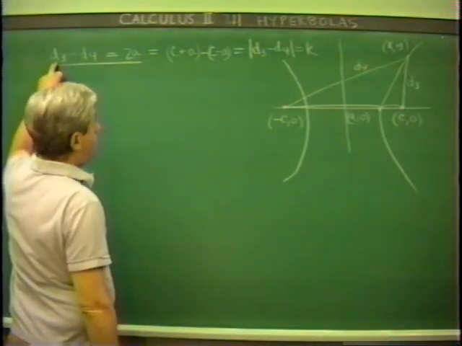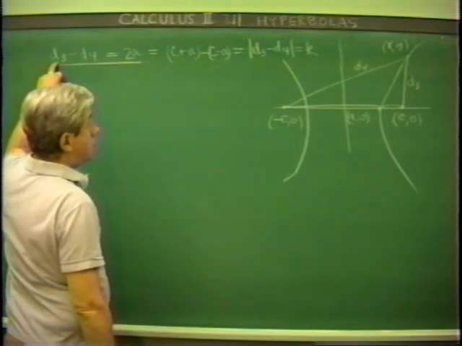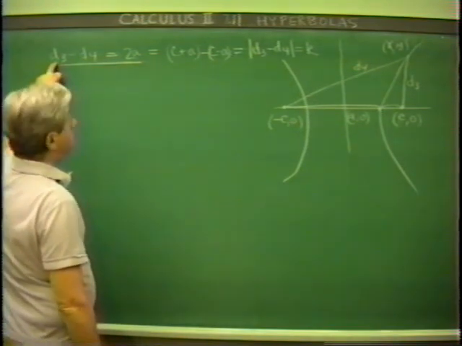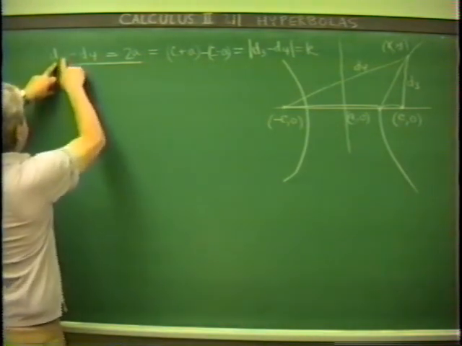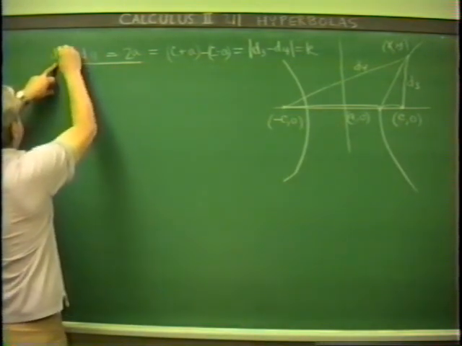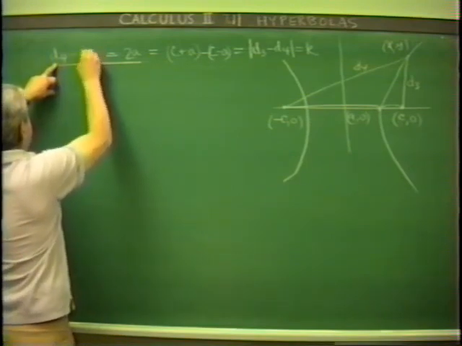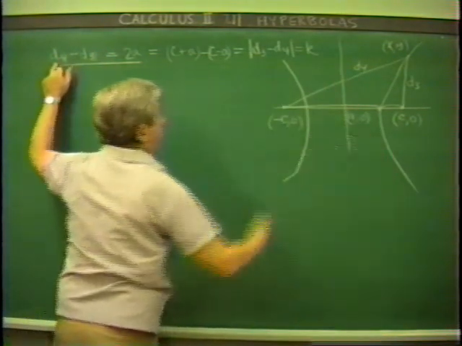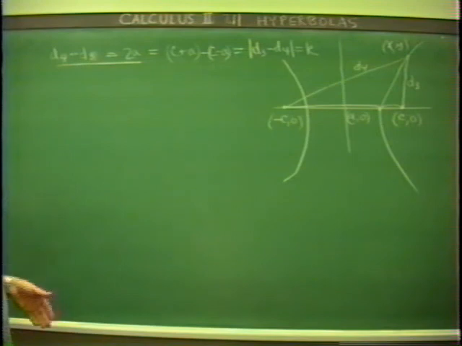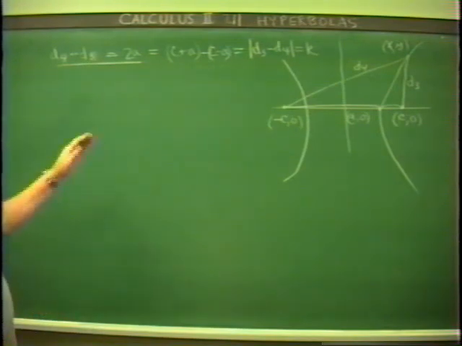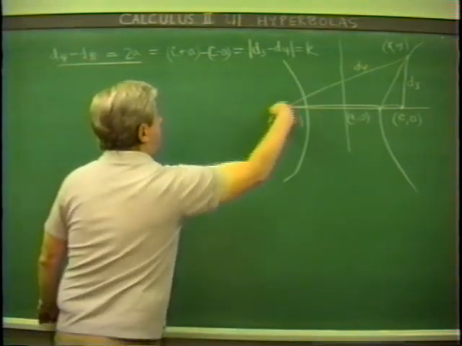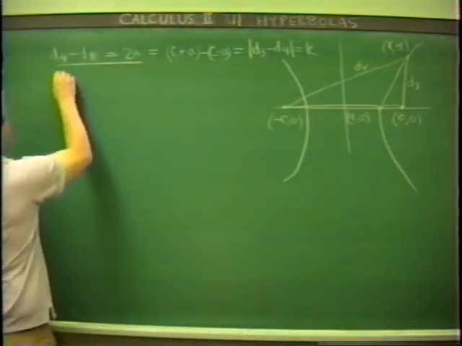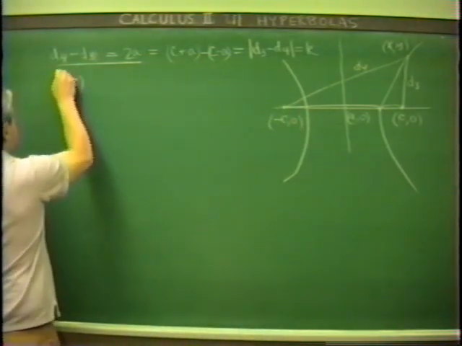Let's write this out. This is not D3 plus D4, it's D3 minus D4. I guess for the picture I've drawn here, the absolute value is going to be D4 minus D3, so let's do that computation. D4 minus D3 will give us this right half here. Actually, when we square both sides of this several times, we'll get both halves of this.